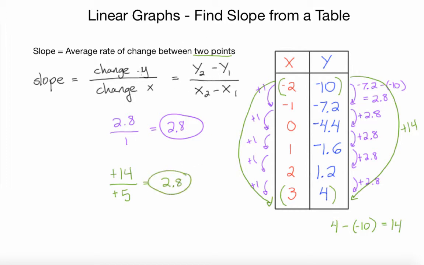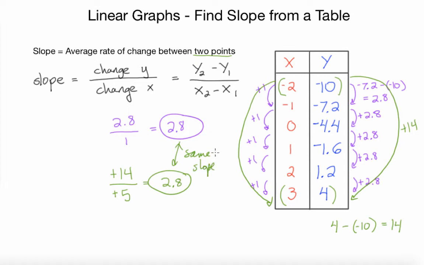So for this first one I used the change in y divided by the change in x, and for the second one I subtracted y values and subtracted x values, got the difference in the change, and was able to still divide them and get the same answer, same slope.